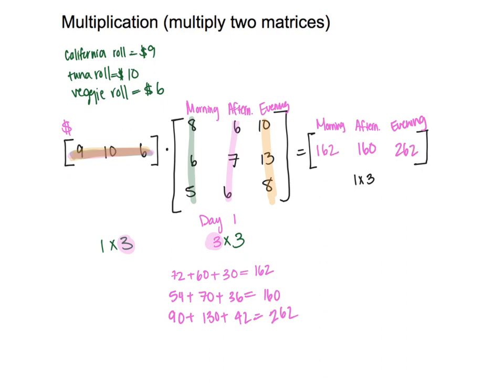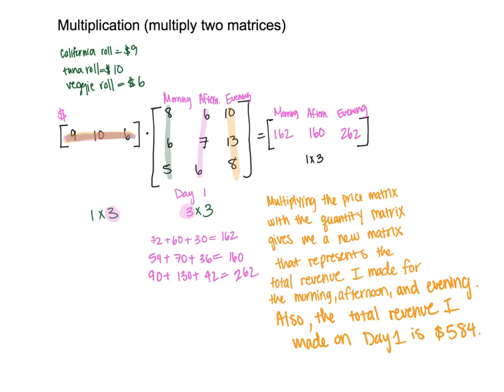And so now I have all the total revenue that I made for each time. So in this case here, I can say a few words about it. Okay, so here's what I wrote. So I basically said that multiplying the price matrix, this matrix here, with the quantity matrix, this matrix here, gives me a new matrix that represents the total revenue I made for the morning, afternoon, and evening.